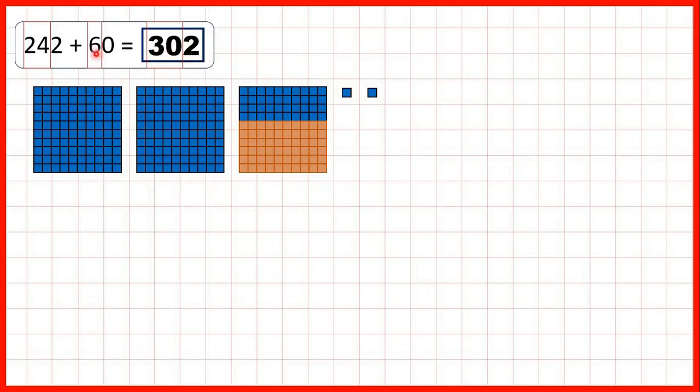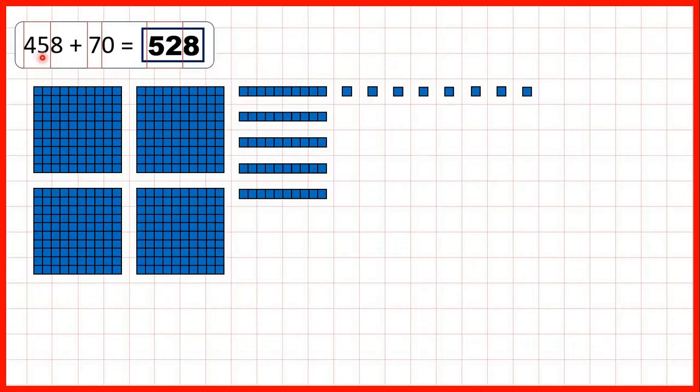And now you can see why working out 24 plus 6 and then keeping the ones digit the same gave us our answer. Then we started with 458, so there's 4 hundreds, 5 tens, and 8 ones. Adding 70 means adding 7 tens.